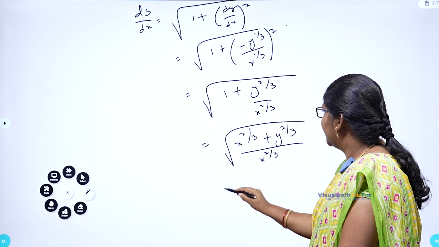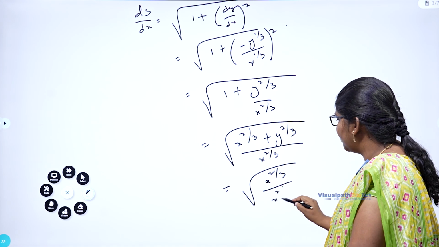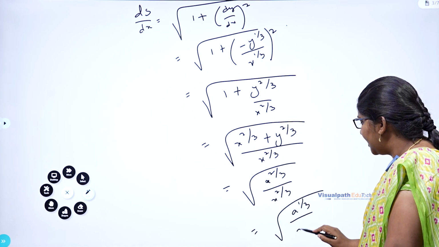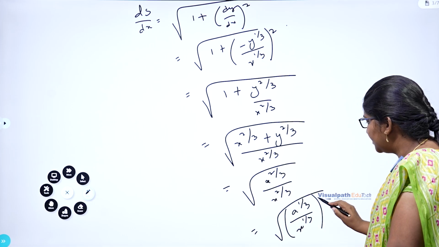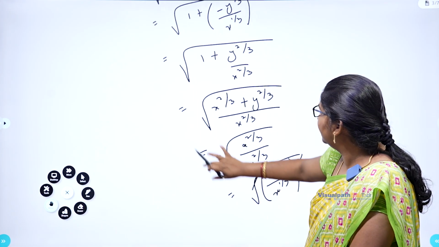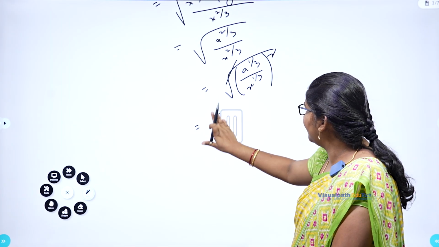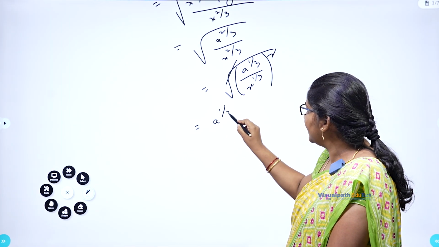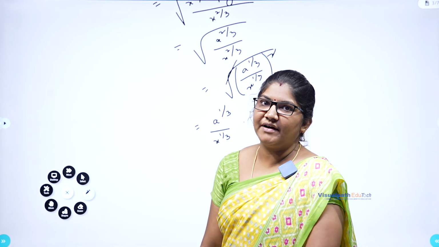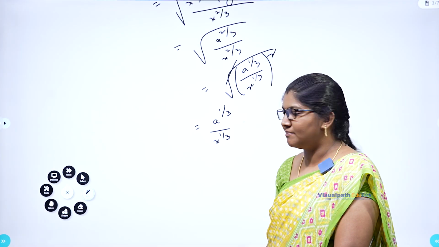This is a power 2 by 3 by x power 2 by 3, which is a power 1 by 3 by x power 1 by 3 whole square. The square and the under root get cancelled. We are left with a power 1 by 3 by x power 1 by 3. Finally, ds by dx is equal to a power 1 by 3 by x power 1 by 3.